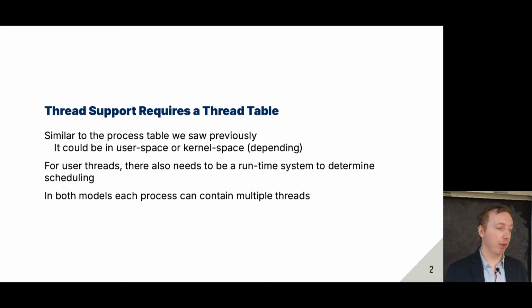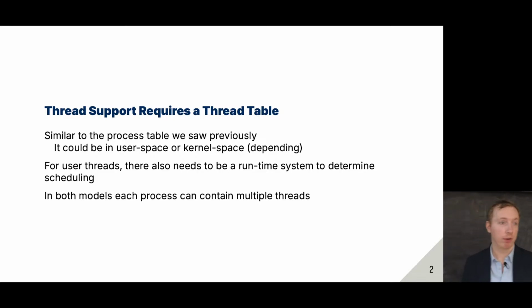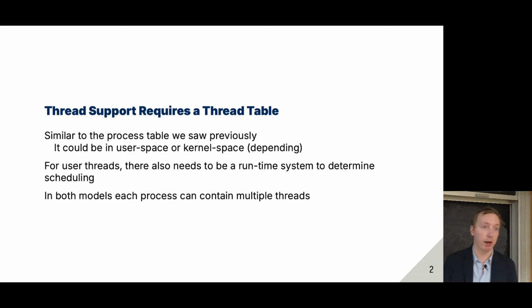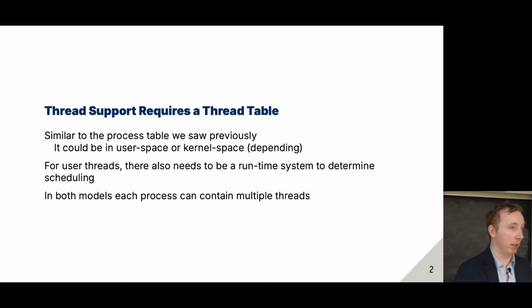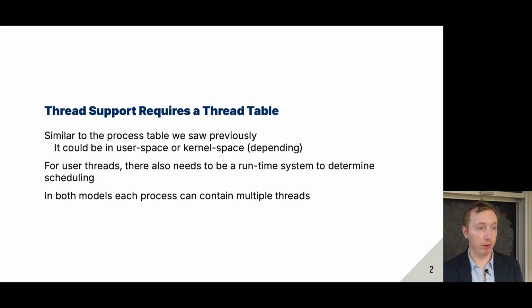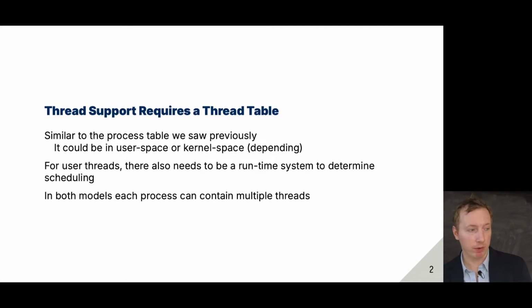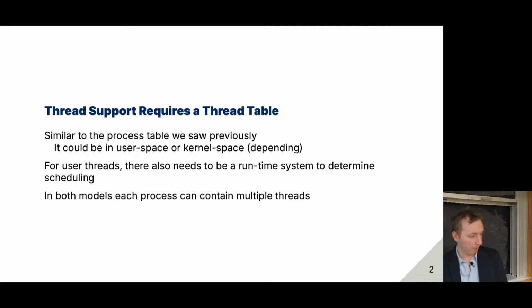If we had user threads, we would also need a runtime system to determine scheduling because the kernel doesn't know about the threads, so the threading library itself, since it runs all in user mode, would have to implement its own scheduling. The kernel would be controlling when to schedule that process to run, and then that process would control what thread to run by itself. So it would need to implement its own scheduling algorithm.